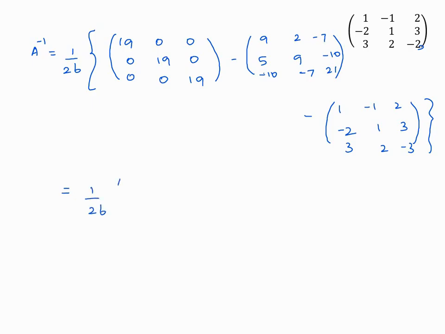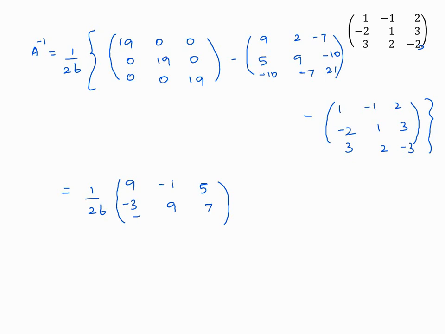So 1 over 26 of the first one: 19 minus 9 minus 1, you get 9. Minus 2 plus 1, you get minus 1. Plus 7 minus 2, you get 5. Minus 5 plus 2, you get minus 3. 19 minus 9 minus 1, once again you get 9. Minus into minus is plus, so plus 10 minus 3, you get 7.